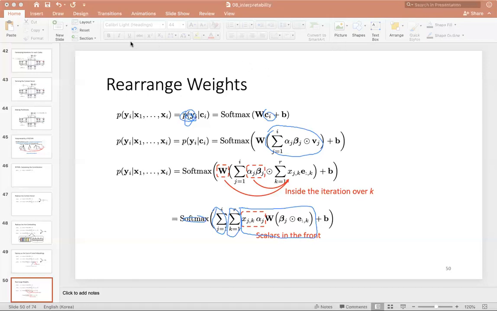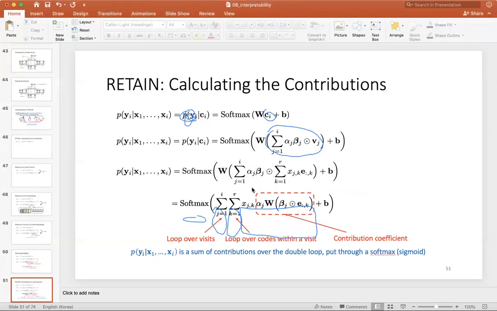All right, once you've done that, because this was a 0-1 indicator, this part here is the contribution coefficient. You can think of this as a logistic regression for sequences.